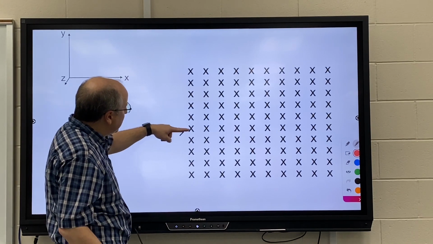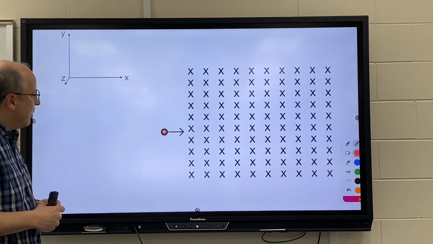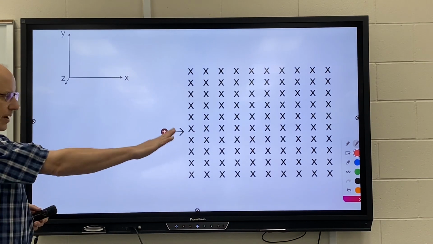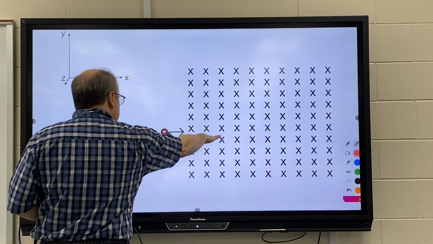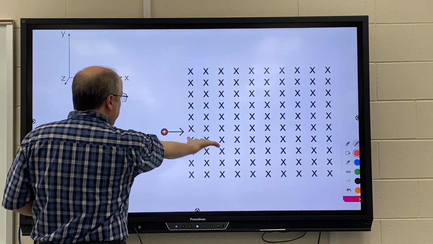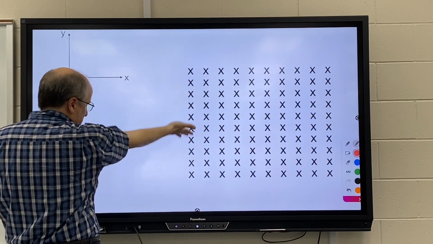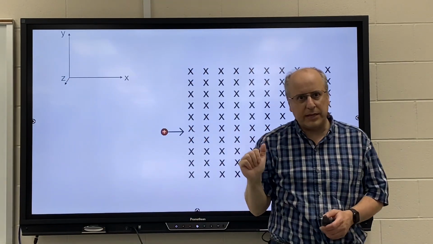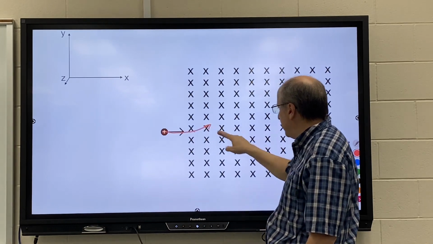Here comes my positive charge into this magnetic field. And what's going to happen again is we take our right hand, we point our fingers in the direction of the field, we point our thumb in the direction of the velocity, and our palm is pushing up. Okay, so the force on this charge would go upward.